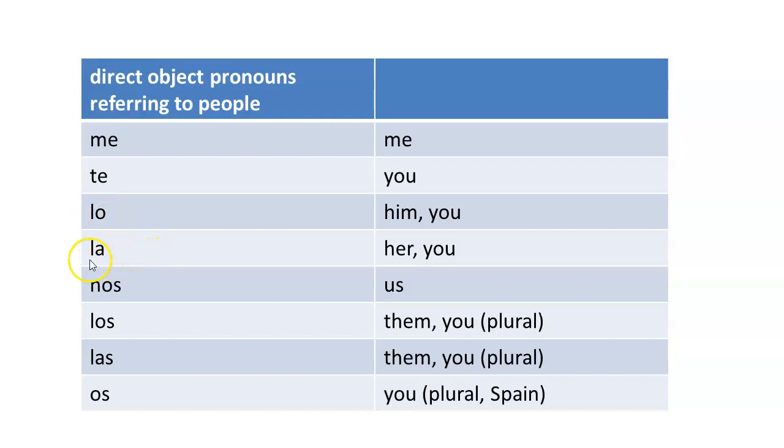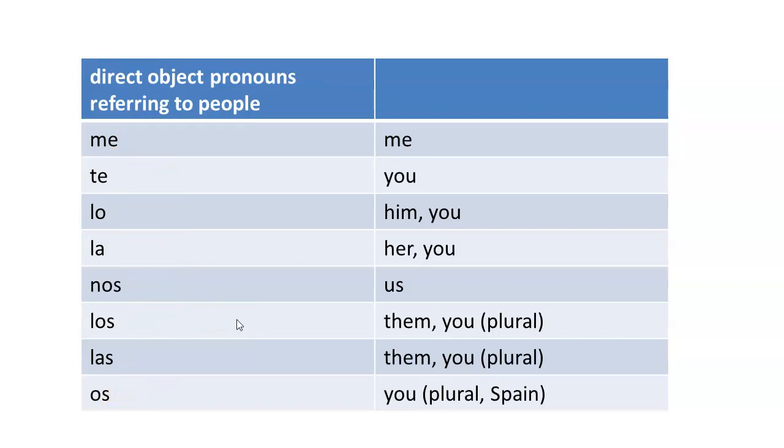I see her, la. They see us, that would be nos in Spanish. We see them, that would be los. Or we see them, if it's just a group of females, we could say las. Or if you're in Spain and you're talking to a group of people that you know well, I see you, that would be os. So these are what we call the direct object pronouns, and these refer to people.